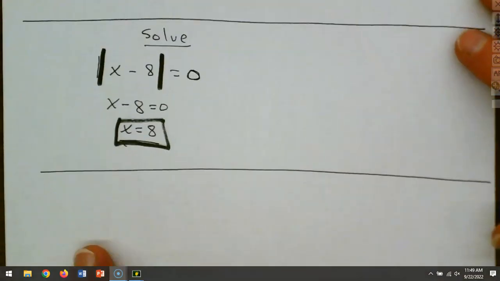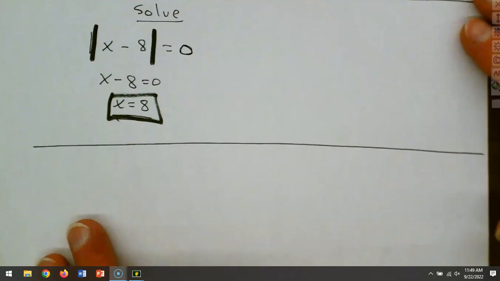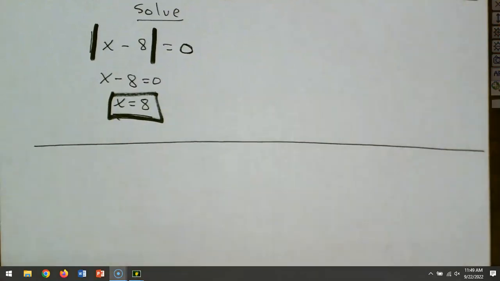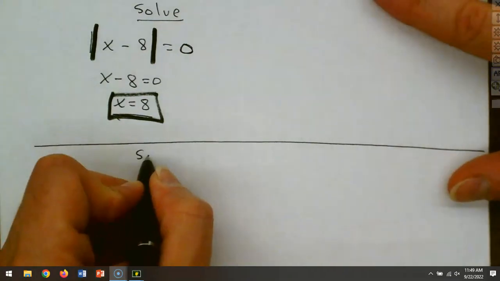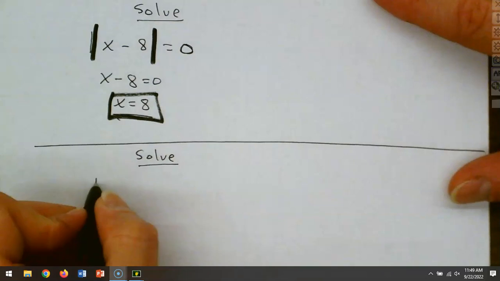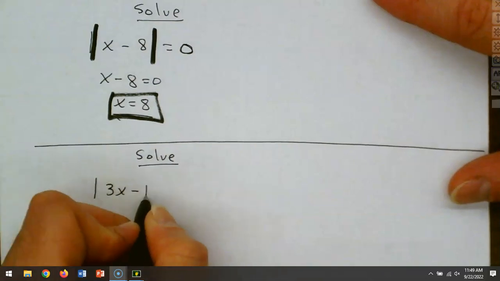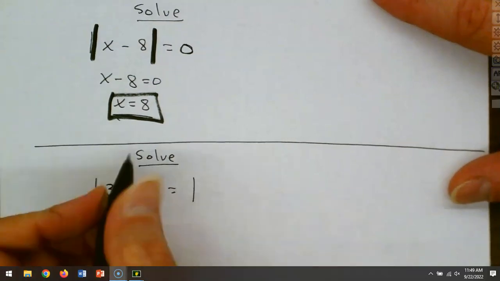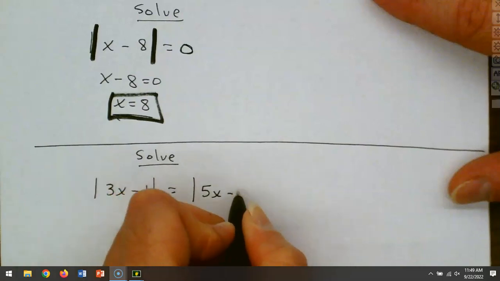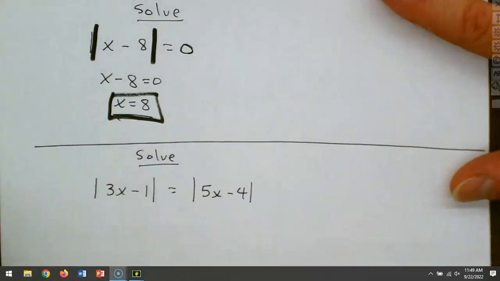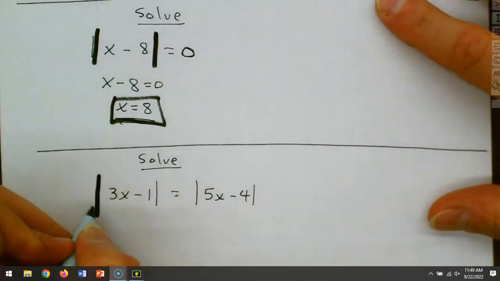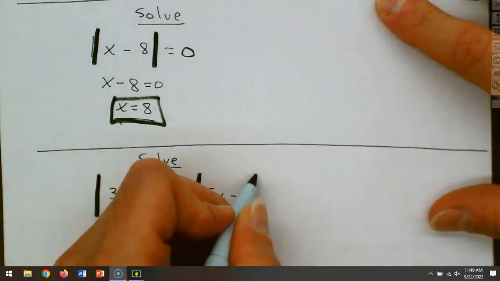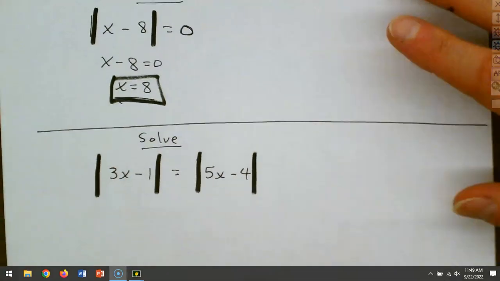Before we move on to the inequalities, we need to talk about what happens when you have an absolute value equaling another absolute value. The same concept is going to work here.